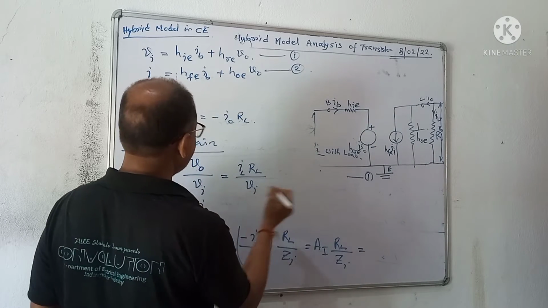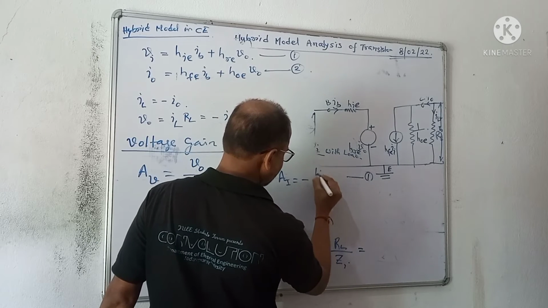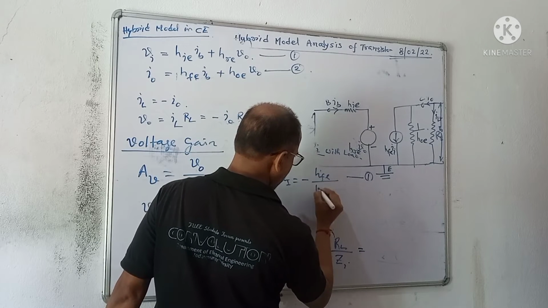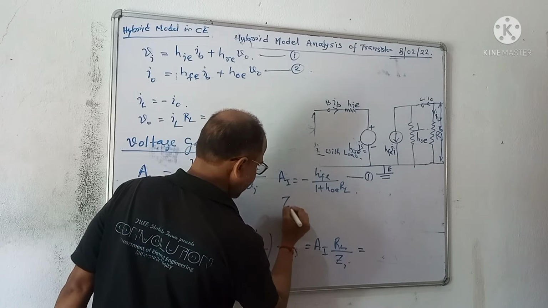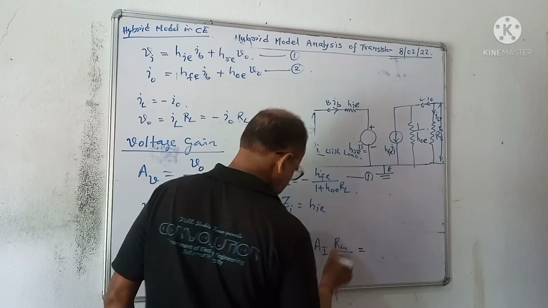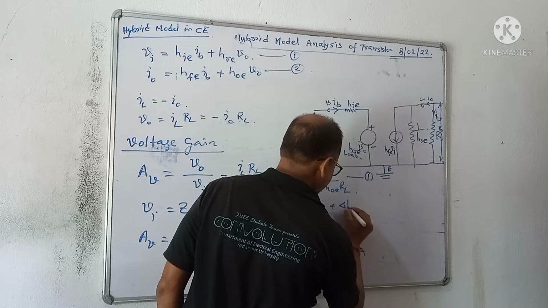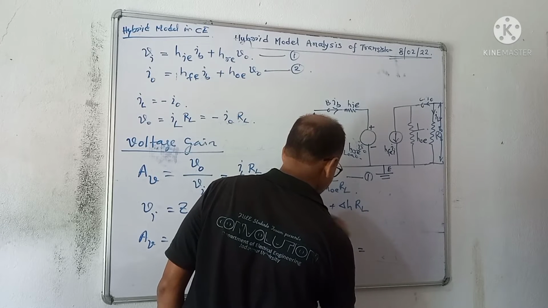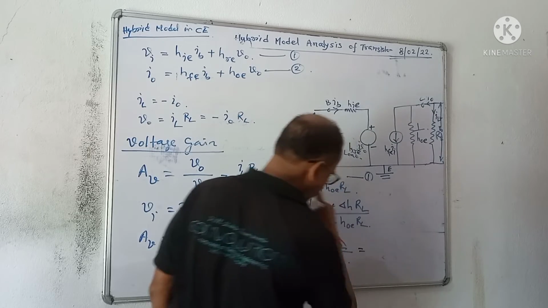I have AI is equal to minus HAP by 1 plus HOE into RL, and ZI is equal to HIE plus delta H into RL by 1 plus HOE into RL.